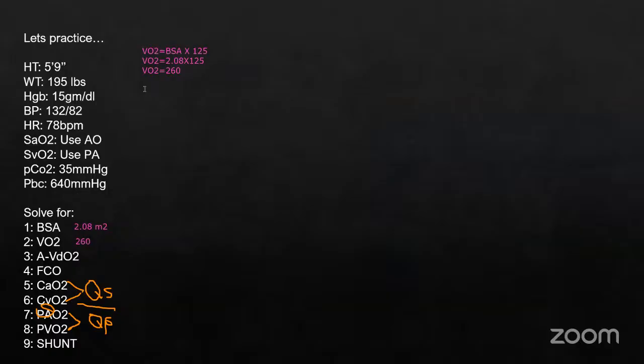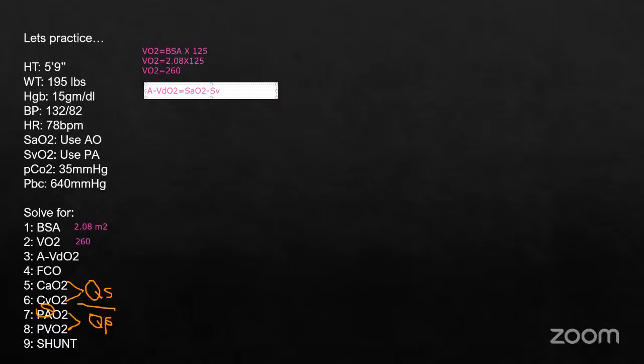All right, and then on my next one, I'm going to resolve for AVDO2. It's kind of hard not to work on the board. So what is the formula for AVDO2? SaO2 minus SvO2. Okay, perfect. I like that. SaO2 is actually lowercase a, right? SaO2 minus SvO2.